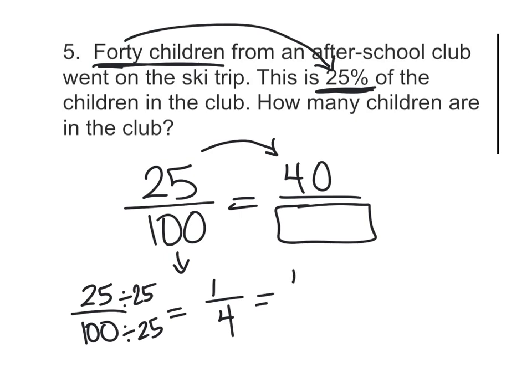And so now if I use that to help me figure out my missing number, my second ratio, now I can see that I can use some mental math. 1 times 40 equals 40. So I'm going to do 4 times 40 to figure out how many total children are in this club. So when I do 4 times 40, I get 160. So there are 160 children in the club.